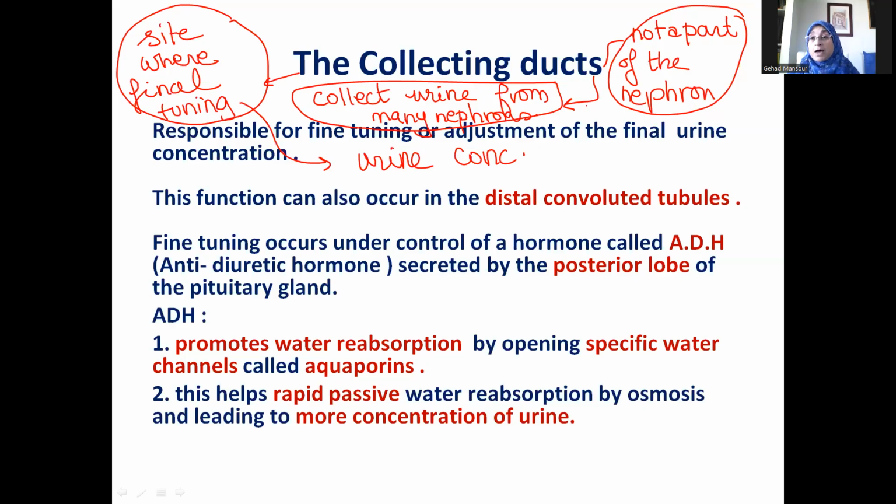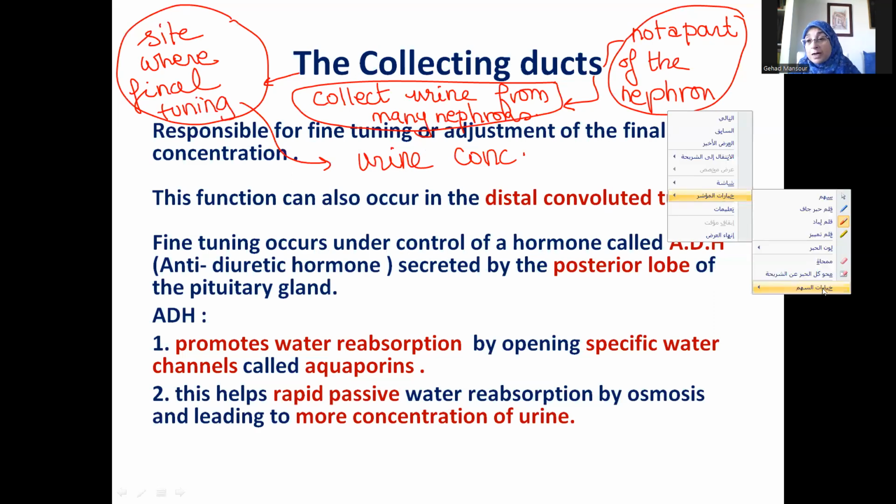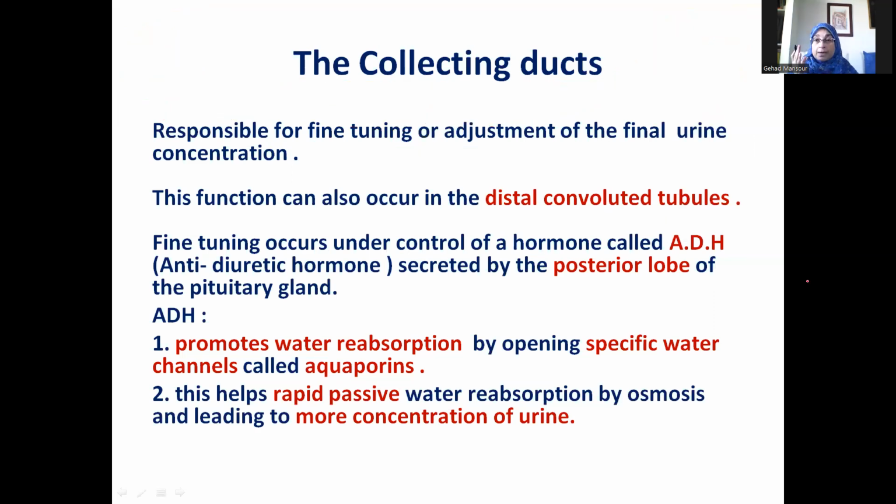It occurs via absorption of water, and therefore the collecting ducts carry out their main function, which is the final adjustment of urine concentration by reabsorption of water.